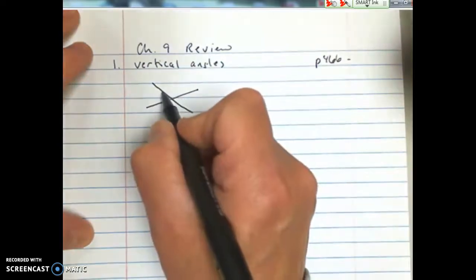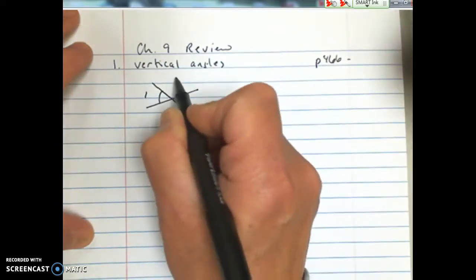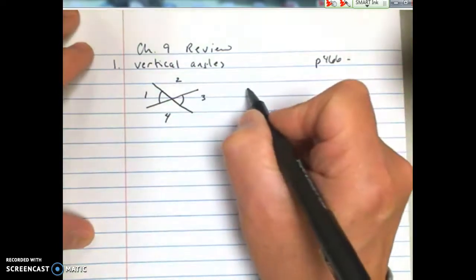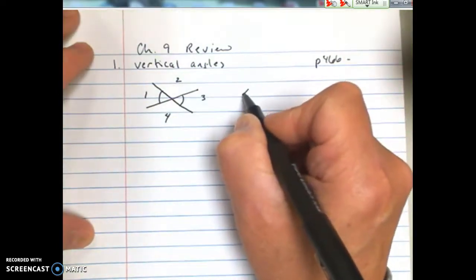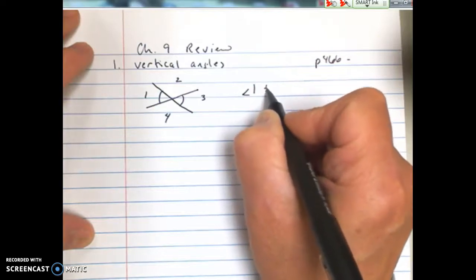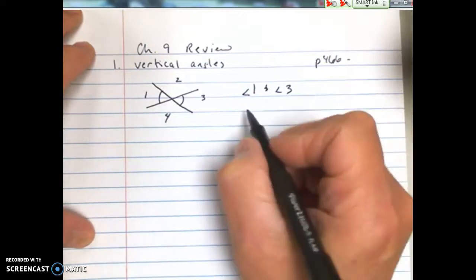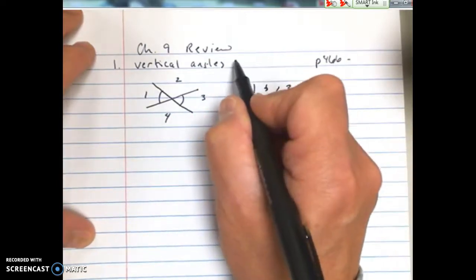So for example, if I labeled these angles 1, 2, 3, and 4, we would say that vertical angles are angle 1 and angle 3. They're opposite of each other. So to answer our question, what is a vertical angle?